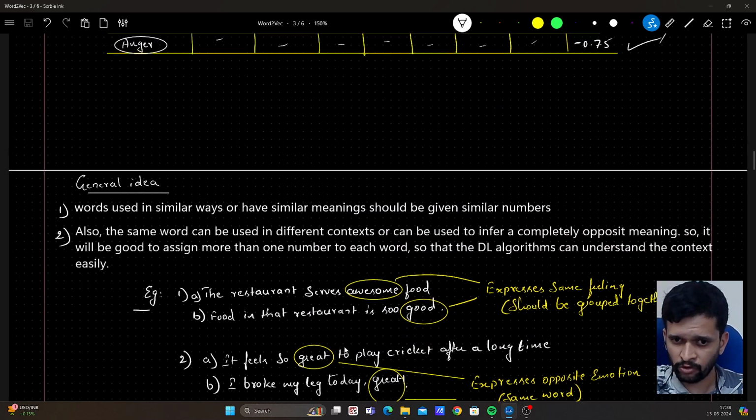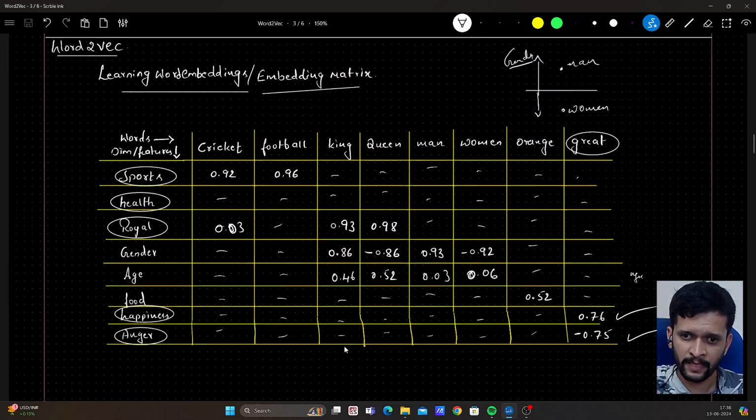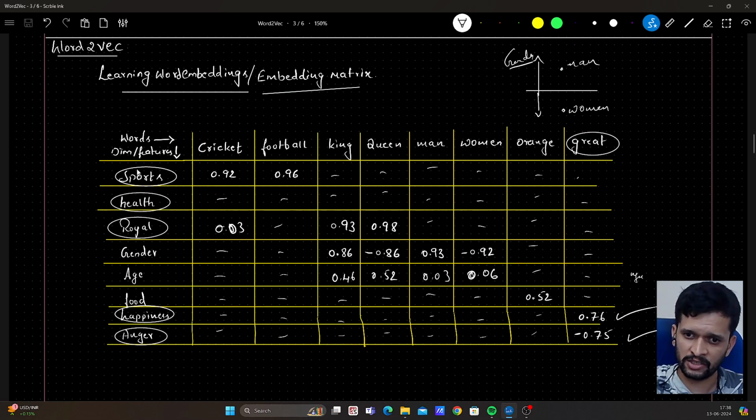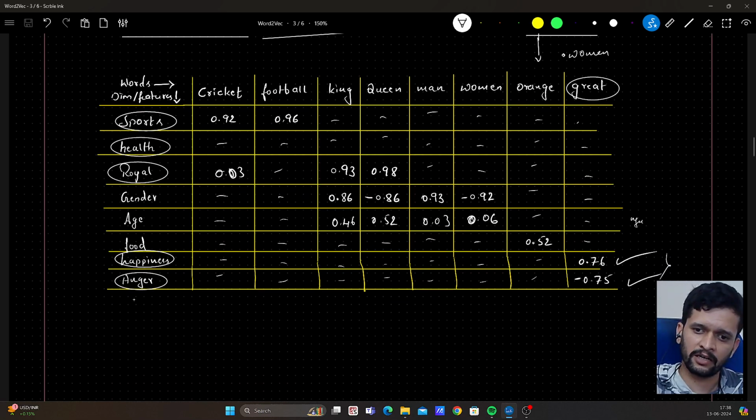One more thing before going into that network: the number of features or dimensions. Right now I have written down 8 features, but in reality it comes with 100 dimensions, or 300, or even 200 or 500 dimensions, as we desire.